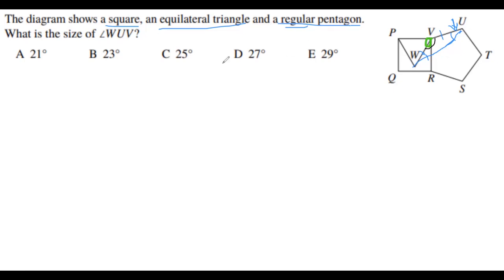Well, this goes back to the square, equilateral triangle, and regular pentagon. Since these are all regular shapes, and we know the formula from last class, or you memorized the angle measures, you can find exactly every single angle in this part right here. And all it becomes is finding a way to piece everything together to get this angle WVU, and then use the fact that the sum of all the angles in this isosceles triangle is 180 to work backwards to find this angle U.